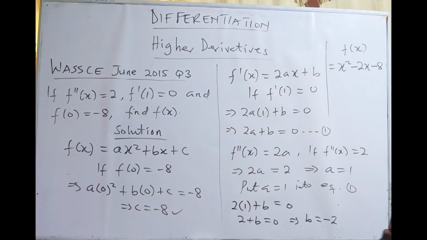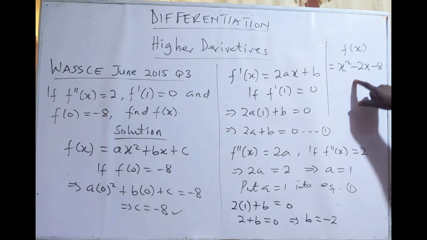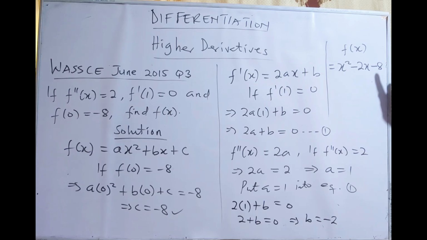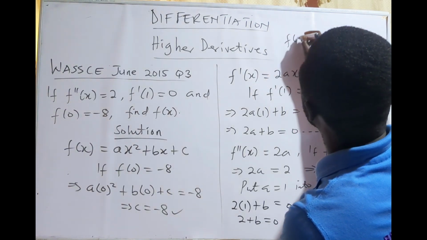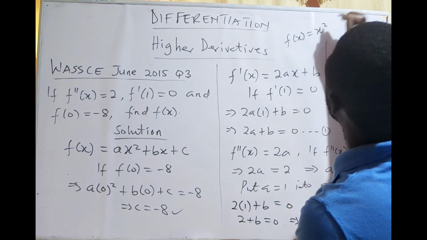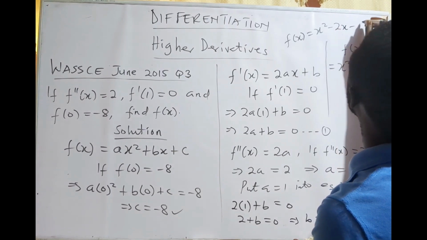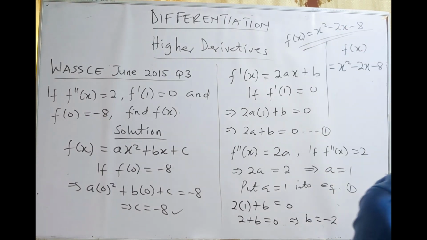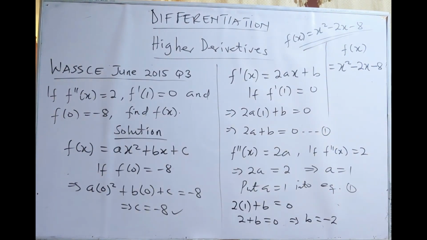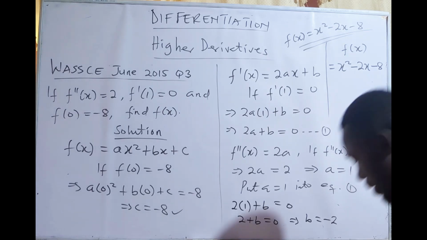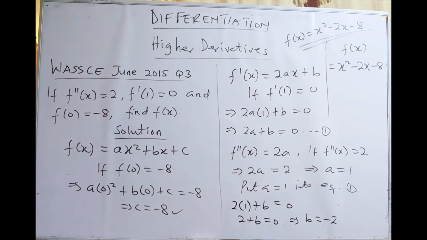So my f of x is equal to x squared minus 2x minus 8. Okay, so this is how your f of x is going to be. I know this is so simple and easy to understand.